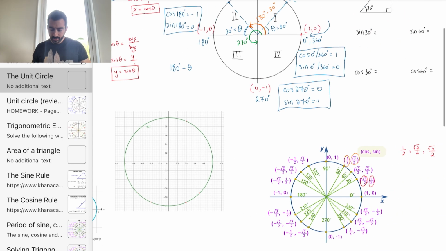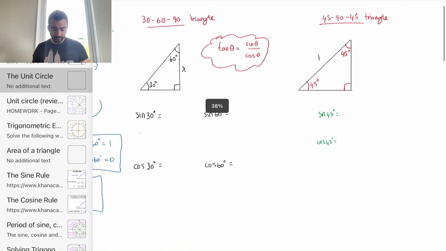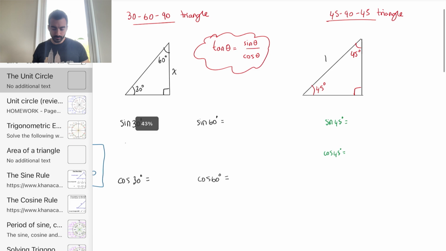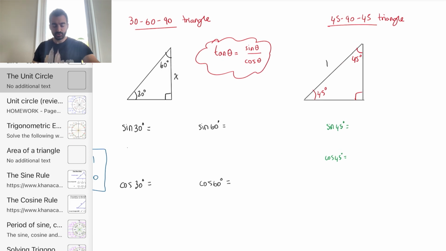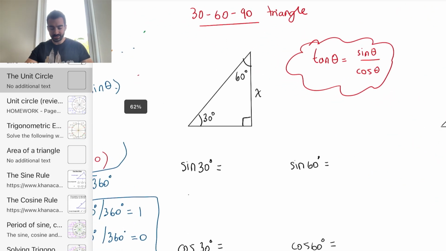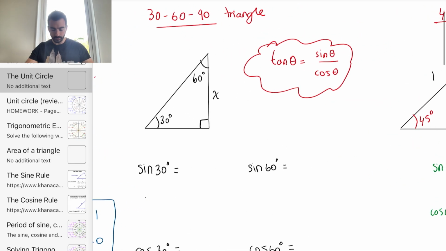I will also mention two very important triangles: the 30-60-90 triangle and the 45-90-45 triangle. Let's have a look at the 30-60-90 triangle.